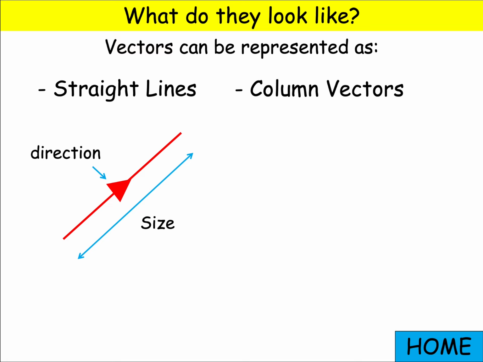You can also represent a vector as a column vector: two numbers, much like a set of coordinates. So this one is (3, 1): 3 spaces in the x direction, 1 space in the y direction.